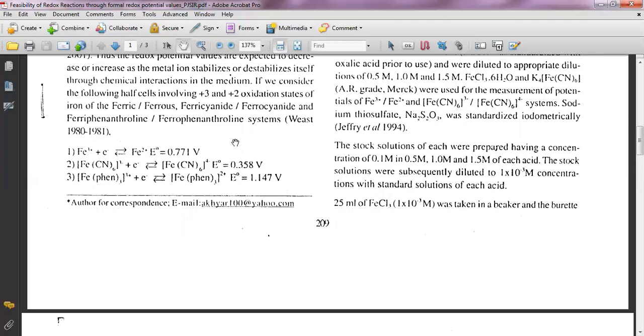So this is all about the variation of the formal potential in the presence of different media.